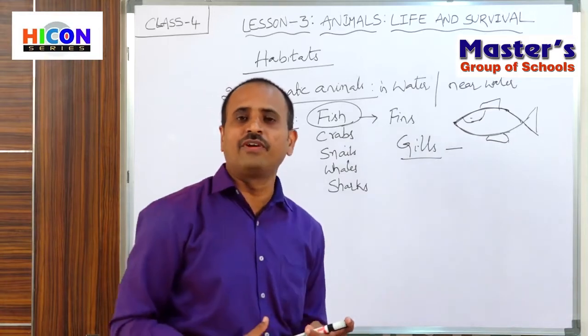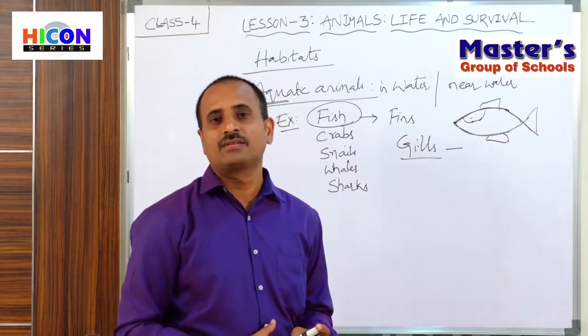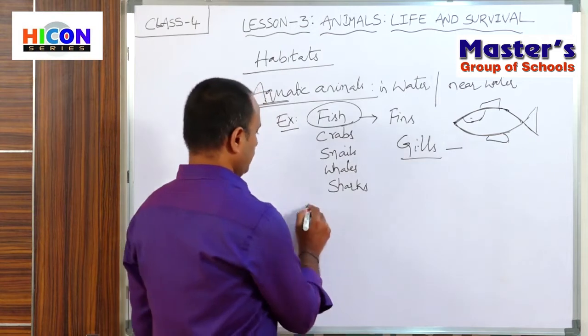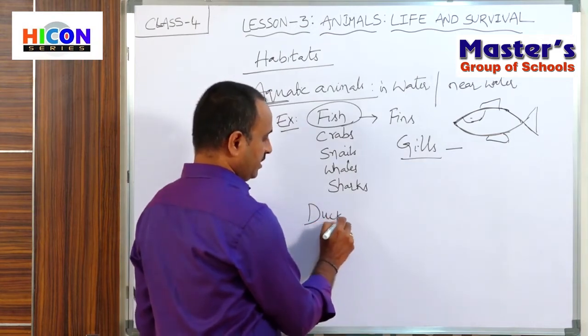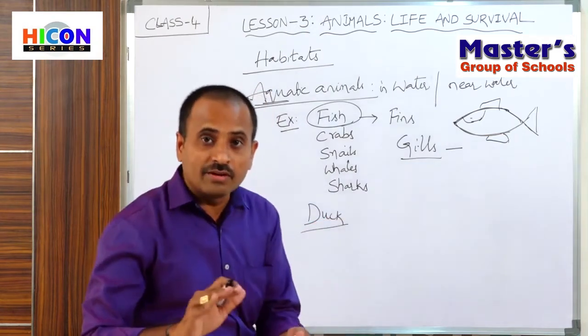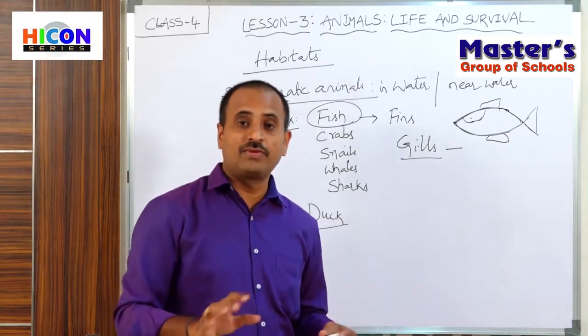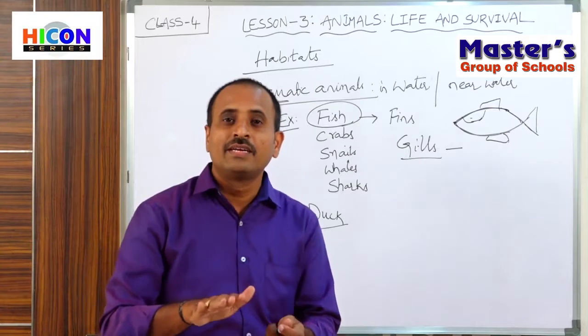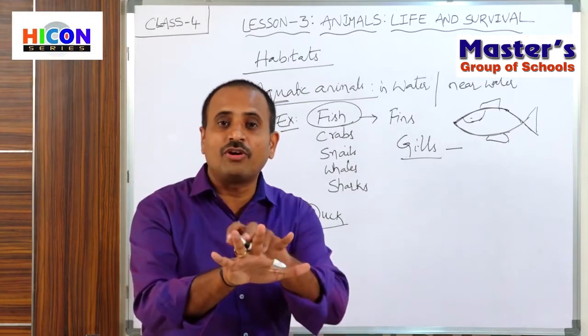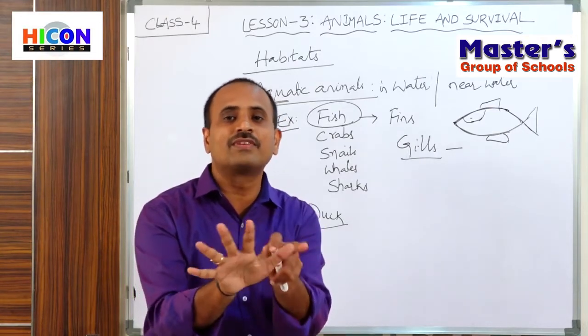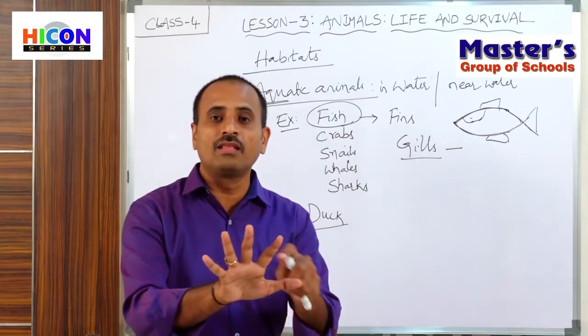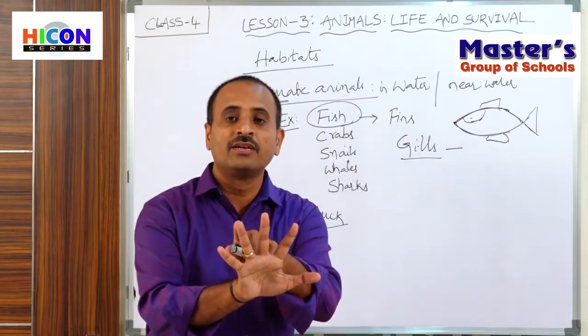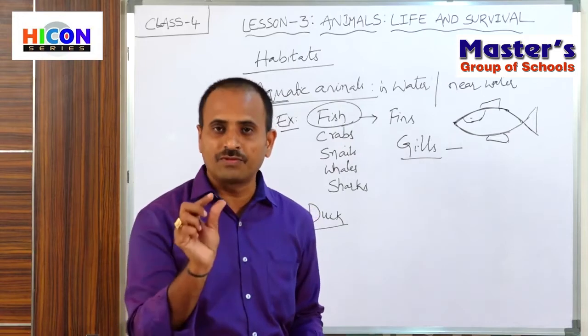Whereas if you take some birds, for example duck. Children, have you ever seen the feet of the duck? If you observe the feet of the duck, its fingers are joined by a thin layer of skin. That means all the fingers of its feet are joined with the help of skin.